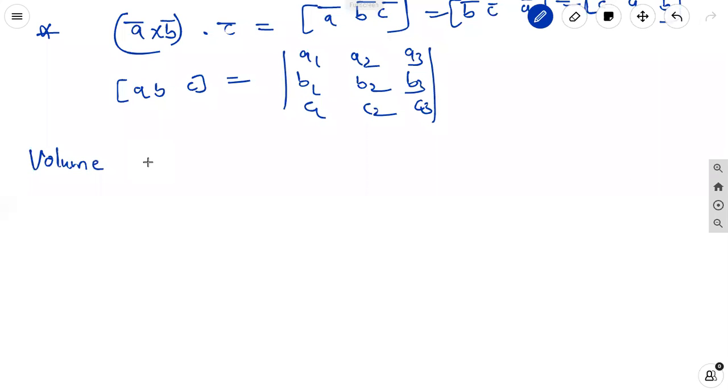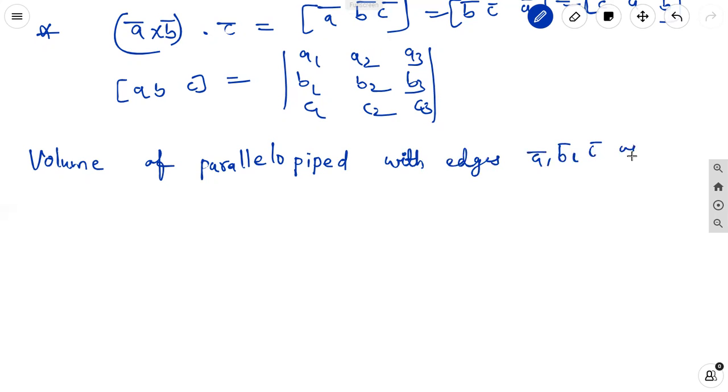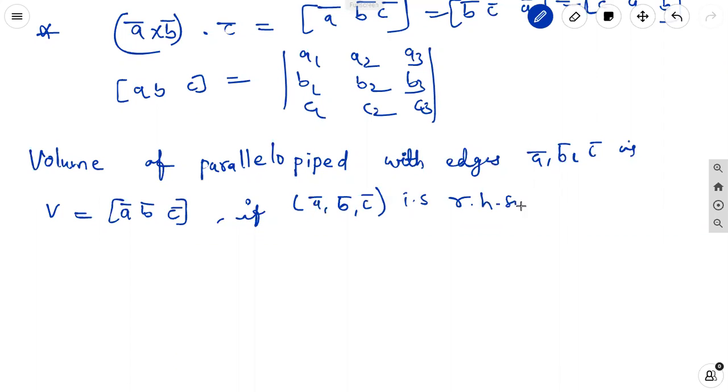Next, the volume of a parallelepiped. The volume of a parallelepiped with edges a vector, b vector, c vector is V equal to the volume [a, b, c], that is the determinant, if a, b, c is a right-handed system.